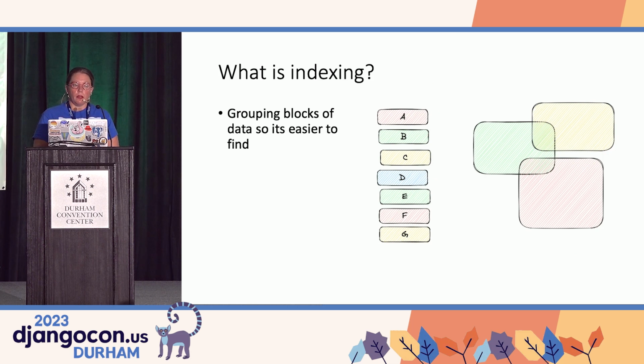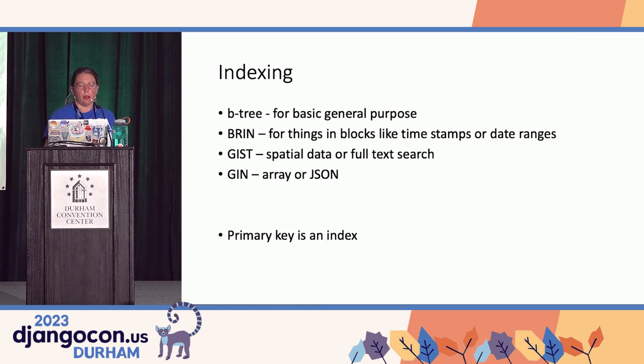I'm sure a lot of you have heard of this, but if you haven't started adding any indexes, they're super helpful in terms of performance. Postgres has a lot of different kinds of indexes where it'll group information together based on different ideas and kinds of data that you have.